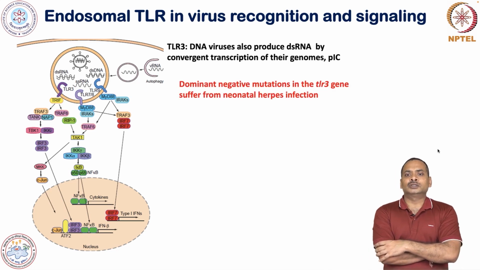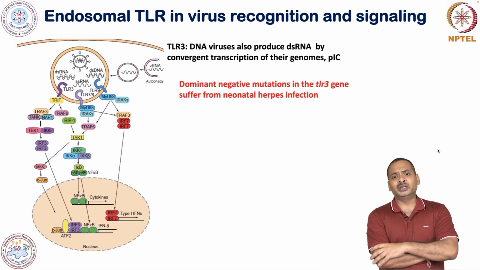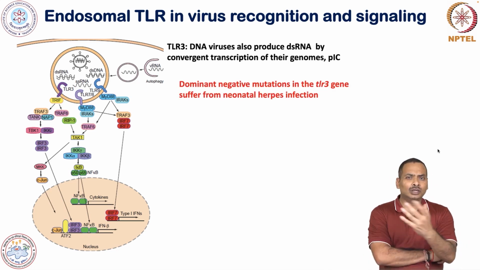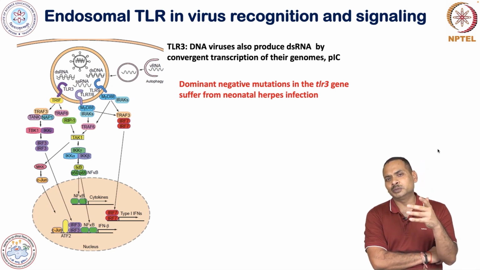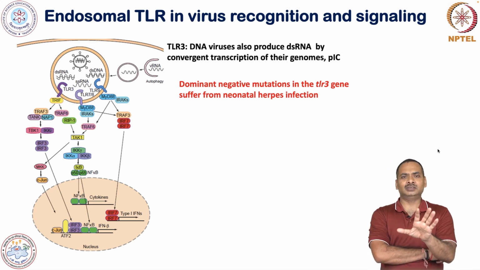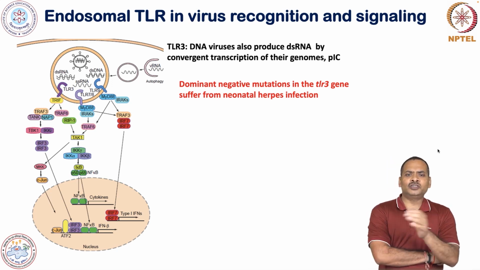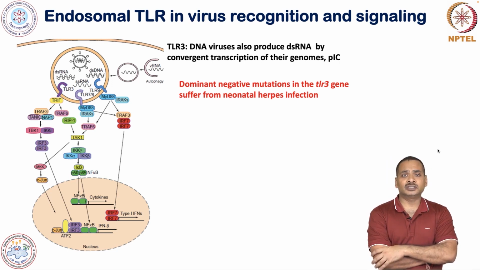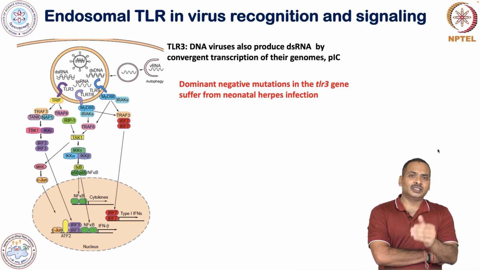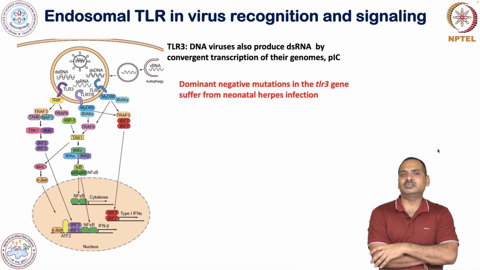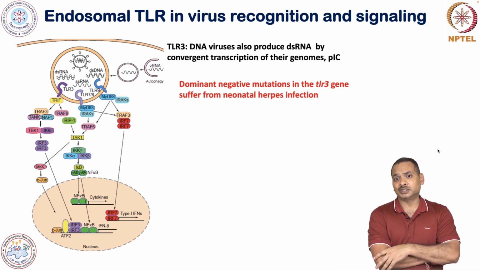There is a study that patients with a dominant negative mutation, so TLR3 is not functional, suffer from neonatal herpes infection. Herpes is a DNA virus, but if there is a mutation in TLR3, then that results in neonatal herpes infection.